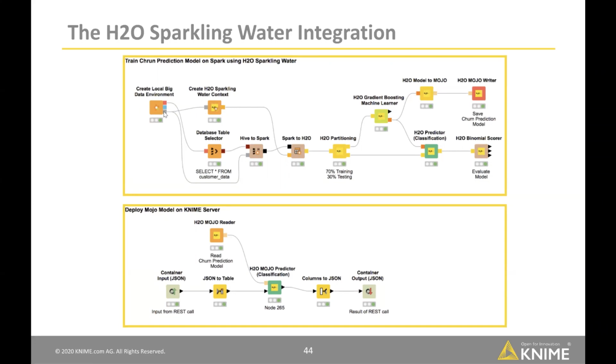The idea here is similar: it creates an environment where you can use the standard H2O nodes like partitioning, gradient boosting machine learner, and so on. These are nodes from the standard H2O extension, but they require this yellow H2O context input port, and the Sparkling Water context node provides that.